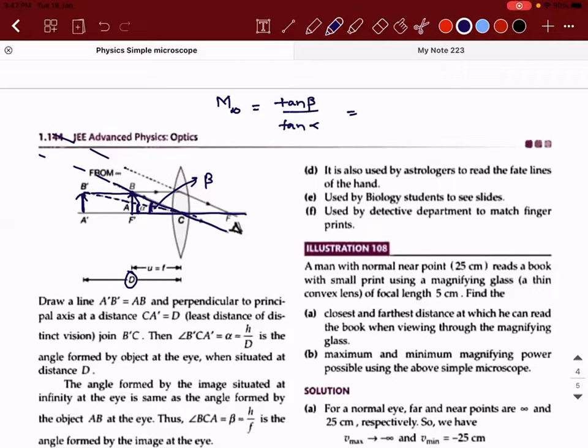But what is tan beta from this triangle?